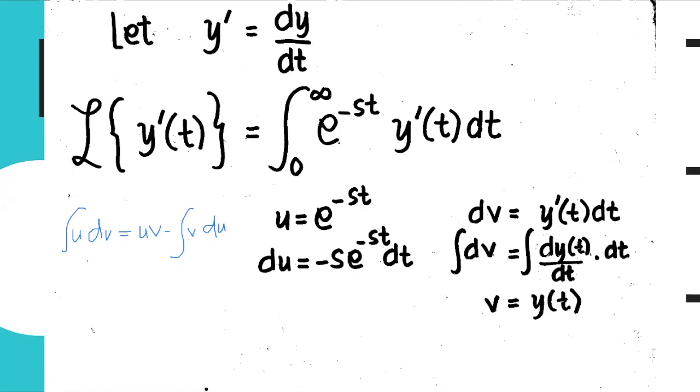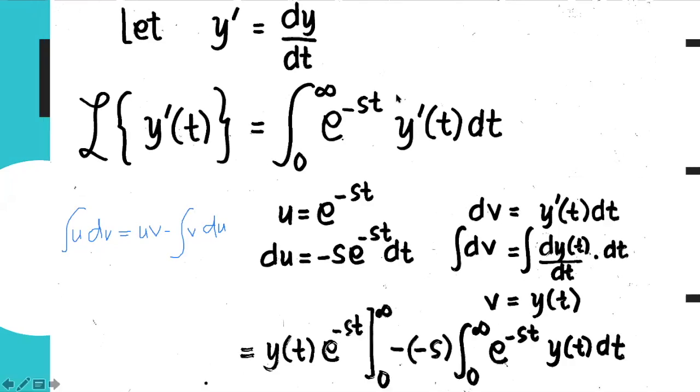So plugging in to the formula, we have this. So u times v is, of course, we just copy y as a function of t times e raised to negative st, applying the limits later from 0 to infinity. Then minus the integral of v times du. So you have minus negative s.